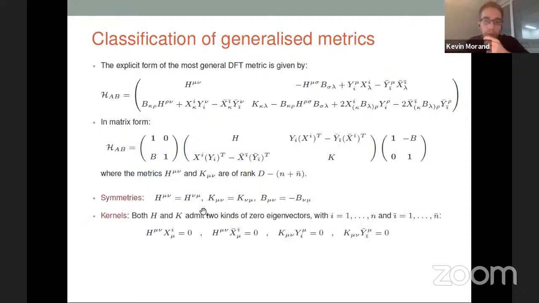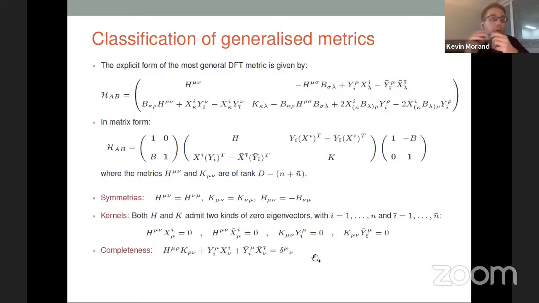The difference from the usual parameterization is the fact that both H and K generically admit some zero eigenvectors. So they are degenerate. And in fact, there are two kinds of eigenvectors, which are parameterized by I and I bar, respectively. So the kernel of H is spanned by two sets of one-forms, X and X bar, whereas the kernel of K is spanned by two sets of vector fields, Y and Y bar. And all of these satisfy a completeness relation.